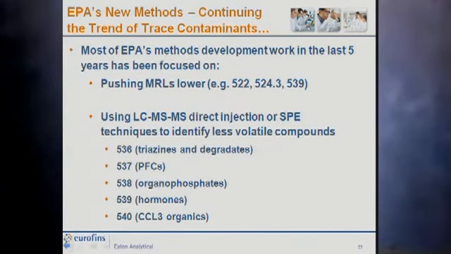So looking at EPA's new methods and continuing this trend of trace contaminants, most of EPA's methods development work in the last 5 years has been really focused on two things: pushing the MRLs lower and lower. We've got method 522 for dioxane, 524.3 for volatiles, 539 for hormones, and they're all going down to either the sub-PPT or high PPT range.